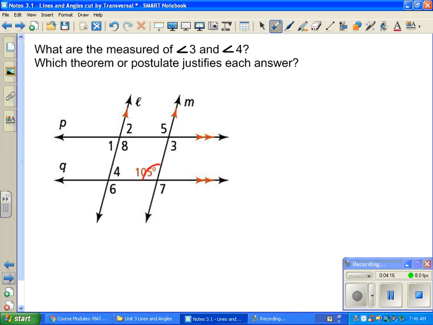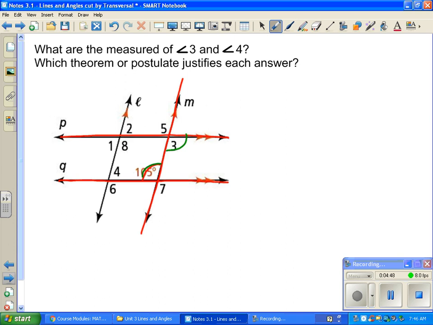And when I look at 105, it is between these 2 parallel lines and on the transversal M. So I look for 2 or 4 on that same transversal, and 3 is. So since 3 is on that transversal, let's look at the location of the 105 and the 3. First, they're interior. Second of all, they're not on the same side of the transversal. One's on the right side and one's on the left.